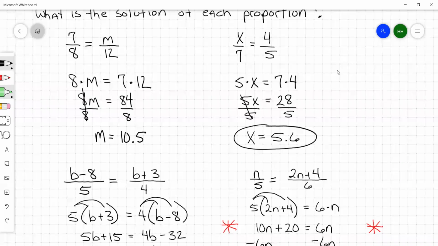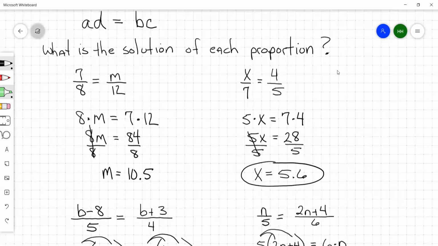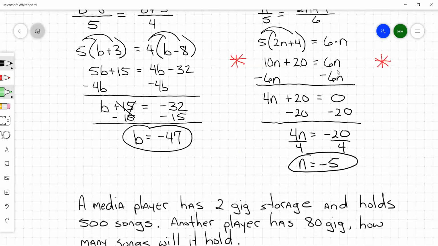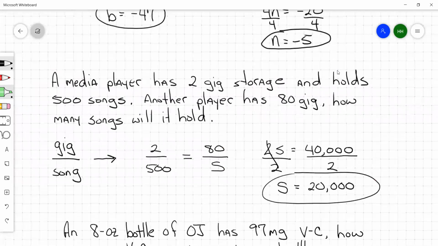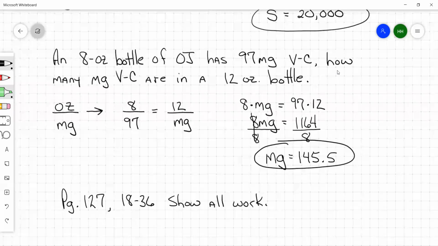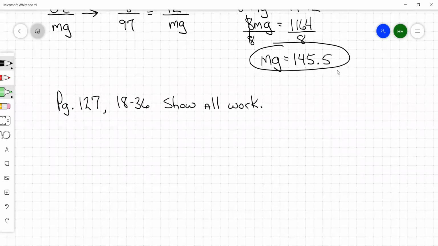What you turn in should look just like the notes, step by step, very methodical. All right? It doesn't take you hardly any time to show one more step and avoid making a mistake. So, page 127, 18 through 36, you're going to show all your work.